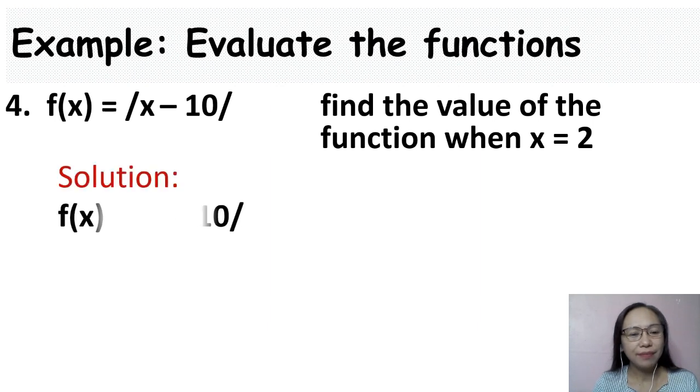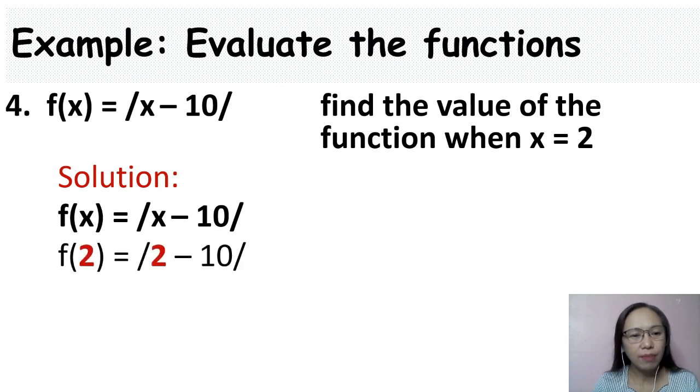We copy the original function, and then we substitute the value of x. So x here is replaced with 2. So we now have f of x equals the absolute value of 2 minus 10.